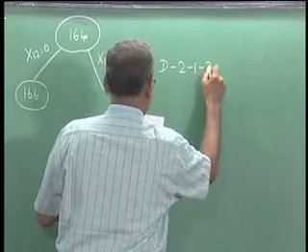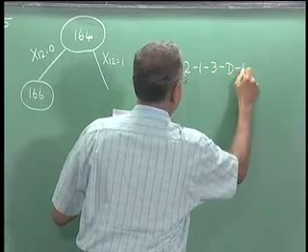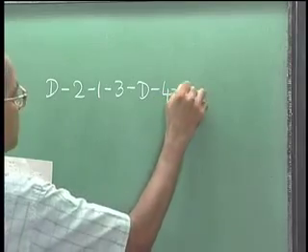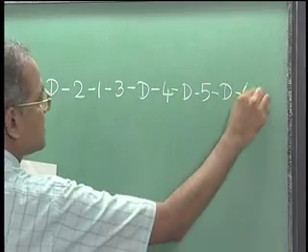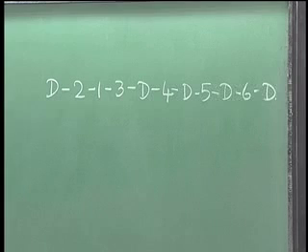We are also going to show in this case that if we consider a solution which is like this, D 2 1 3 D, 4 D, 5 D, 6 D. If we look at a solution like this and try to find out what is the distance associated with that.